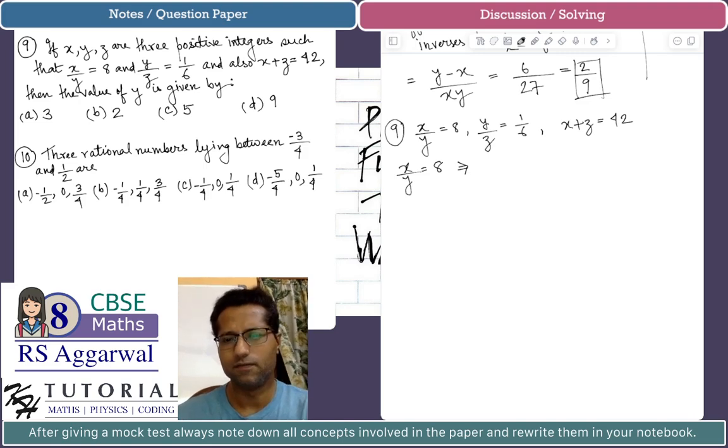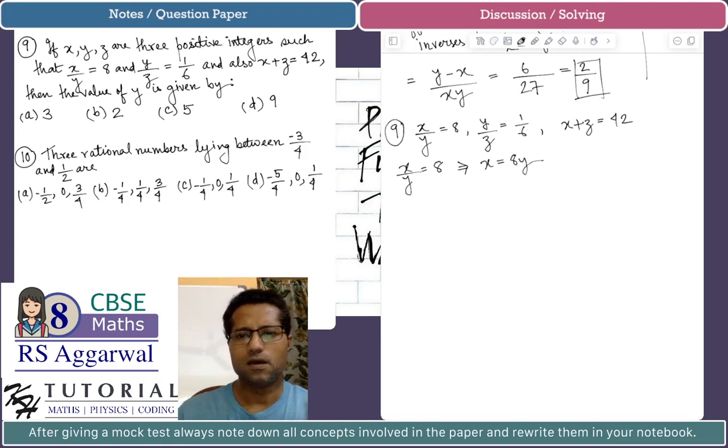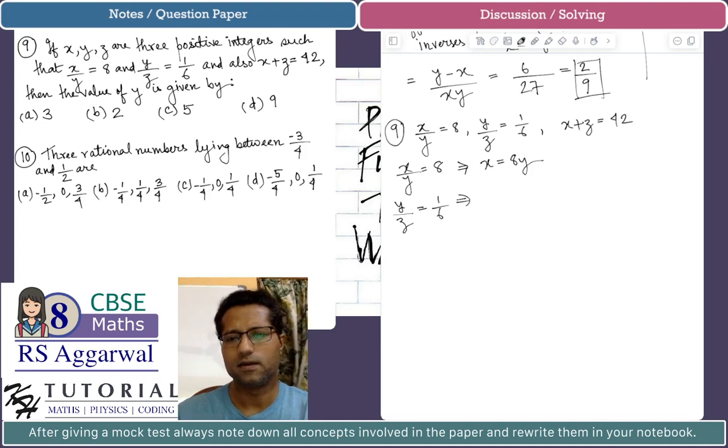From x by y equals 8, I get x equals 8y, and from y by z equals 1 by 6, by cross multiplication, z is equal to 6y.